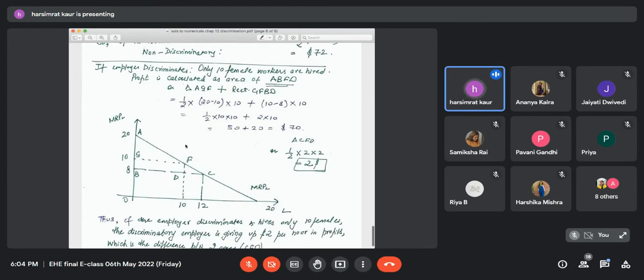So this point F is the equilibrium point where a discriminatory employer operates: 10 is the MRPL or wage rate, and 10 is the units of labor hired.